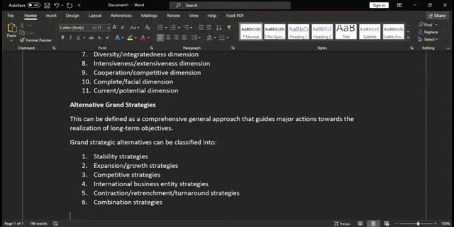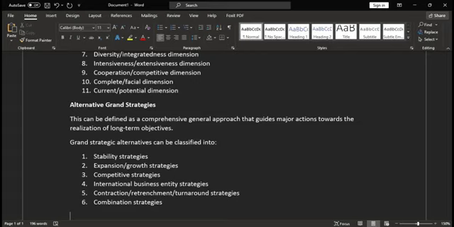International business entry strategic alternatives are trading strategies, joint or cooperative strategies, as well as the direct private investment strategy.